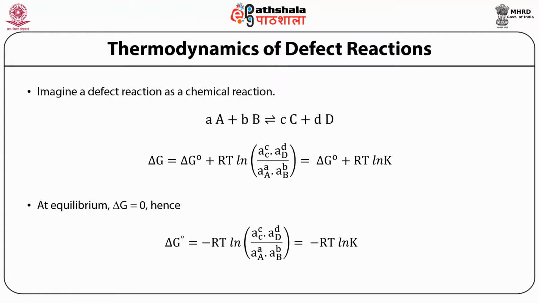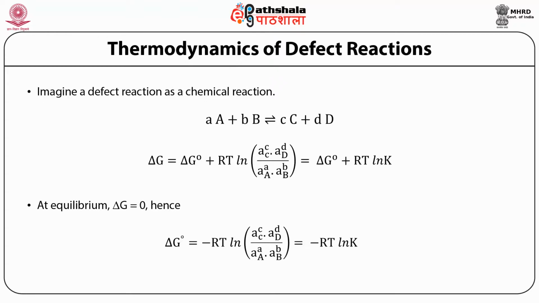So capital K is given as a_C to the c times a_D to the d divided by a_A to the a times a_B to the b. In addition, free energy can also be expressed as delta G naught is equal to delta H minus T delta S at equilibrium, which is equal to minus RT natural log of capital K, which we have calculated above.